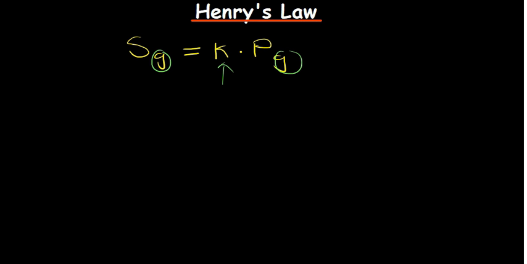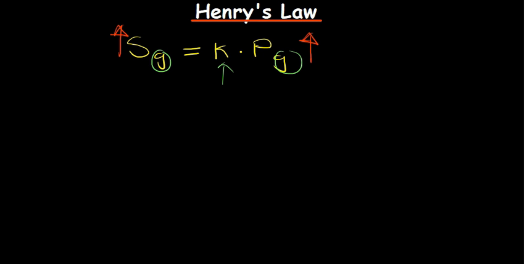Okay, so the solubility of a gas increases as the partial pressure of that gas increases. That's Henry's law of solubility. And of course, earlier I mentioned that pressure has an effect on the solubility of a gas, but less effect on solids and liquids.